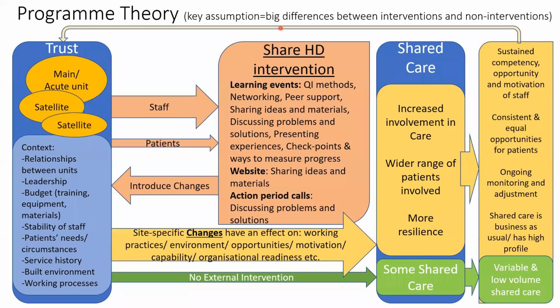And it was intended that the staff would come along to the learning events, and some patients as well, and they would learn quality improvement methods. They would network with other sites for peer support, share ideas and materials and so on, and go back to the trust and introduce changes in their trust.